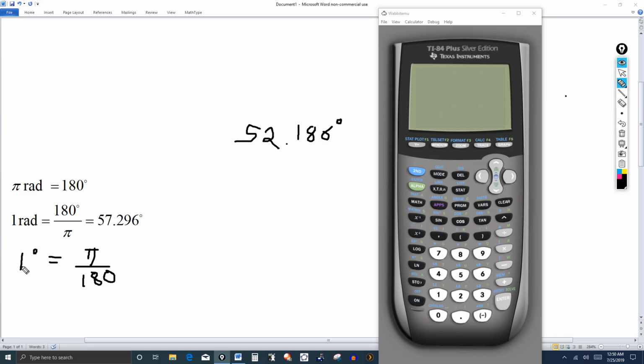If you get something in degrees and want to convert to radians, multiply it by this factor. If you want to convert to degrees, with the answer in radians, multiply by this factor right here.